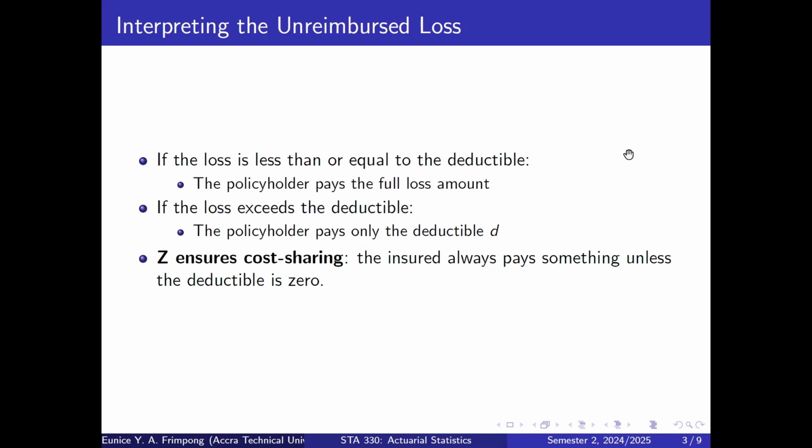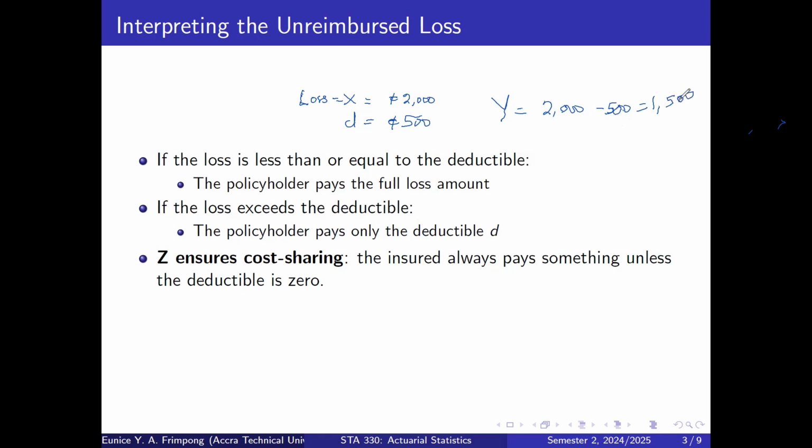However, if the loss is large, say the loss, which is equal to X, is 2,000 cedis, and the deductible is still 500 cedis, then the insurer will pay Y equals 2,000, the loss, minus the deductible, which is equal to 1,500.